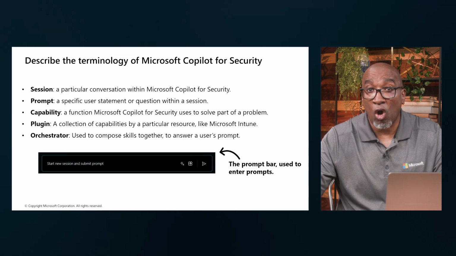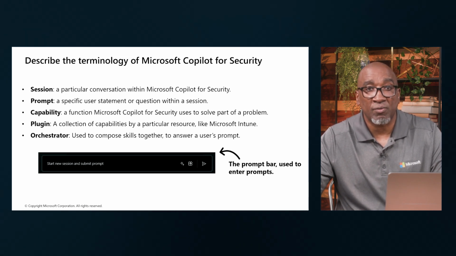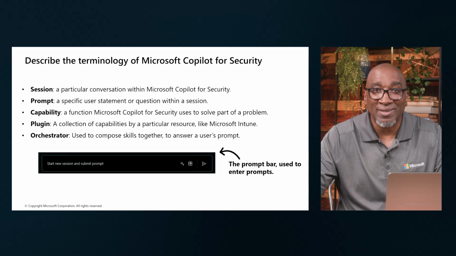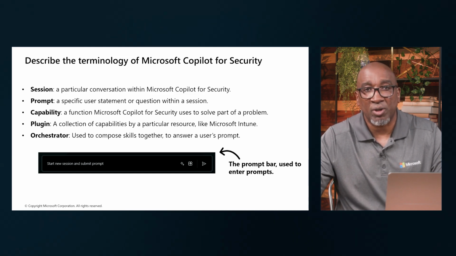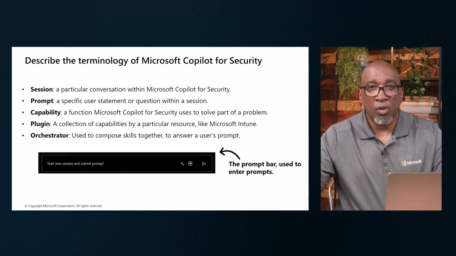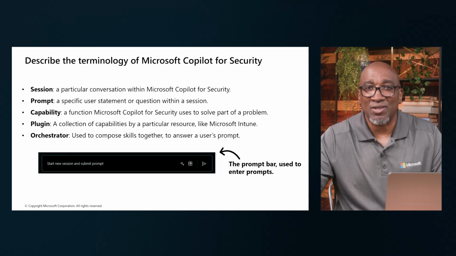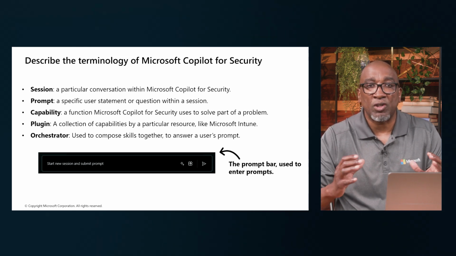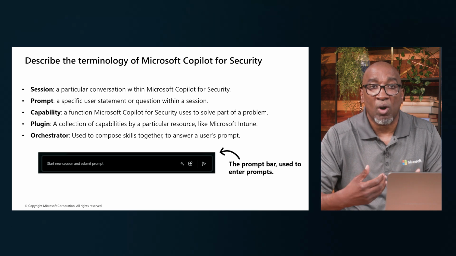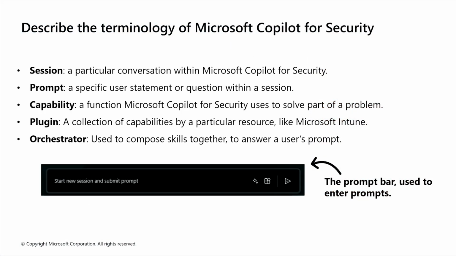Capabilities are functions Copilot uses to solve parts of a problem, and plugins are collections of capabilities by a particular resource. The orchestrator is Copilot's system for composing capabilities together to answer a user's prompt. And the prompt bar is going to be our mechanism for communicating directly with Copilot for Security.